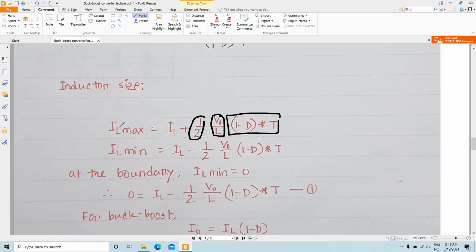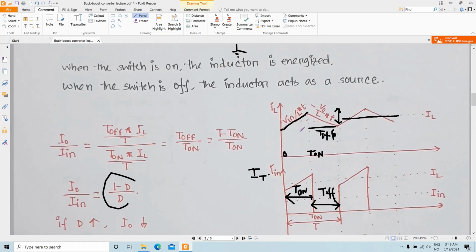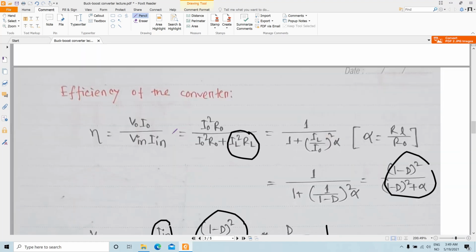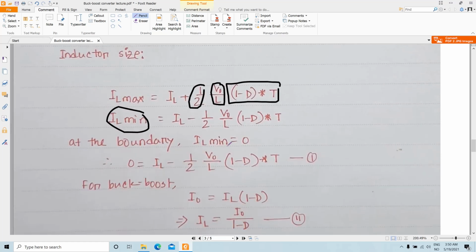This is equal to your IL max point. And your IL minimum point is basically, you have a minus sign here. So you have minus half of V out divided by L, 1 minus D multiplied by T. And at the boundary, your IL min is equal to 0.